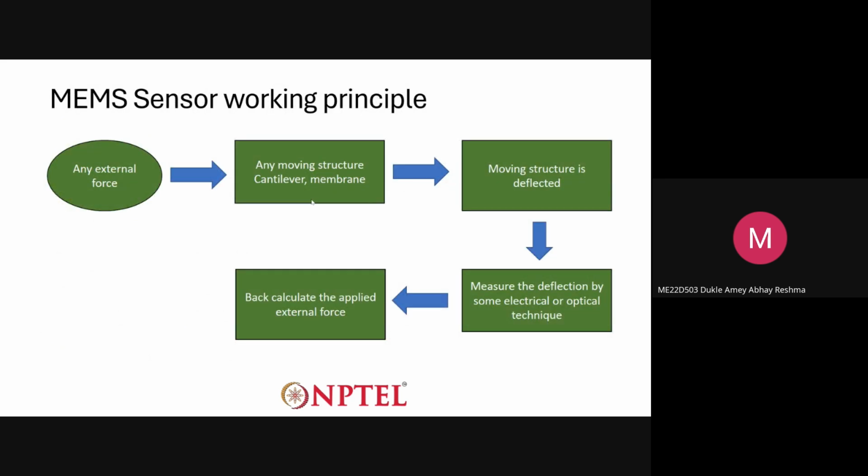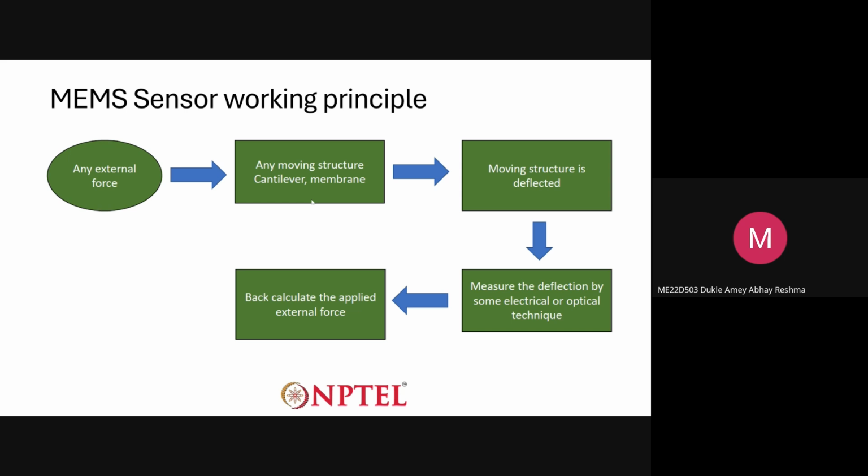The next thing in this class is how the measuring chain of a sensor works. An external force is applied, then we have a moving structure, a cantilever or a membrane. The moving structure is deflected, you measure the deflection, and using the deflection you calculate the value.